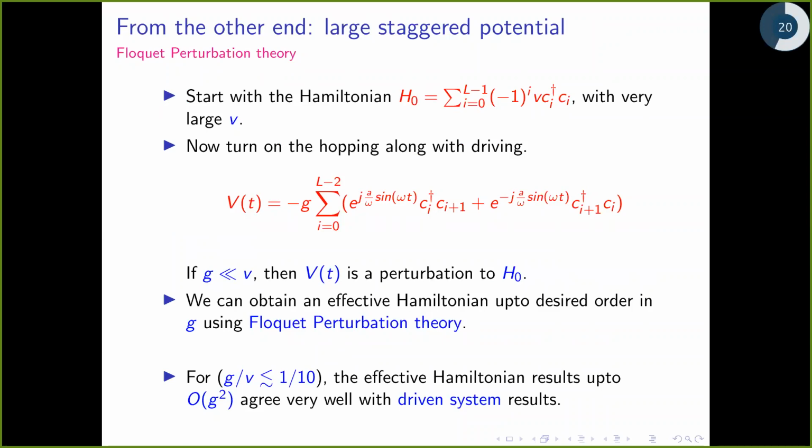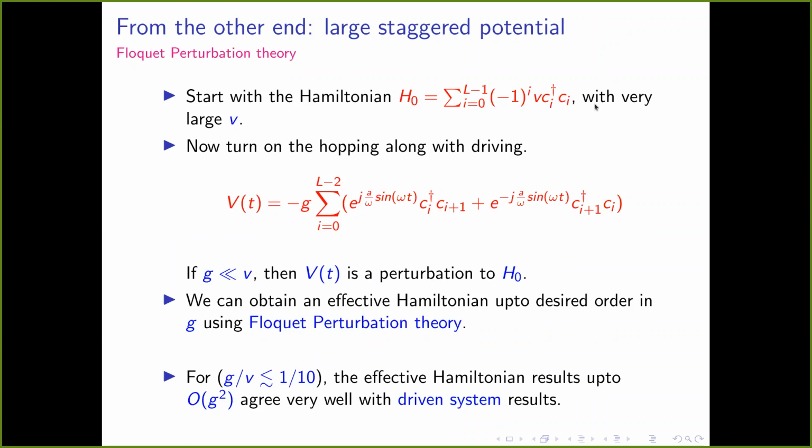Okay, so all this was done numerically, but we also tried to find if there is any way we can explain the presence of edge states by driving using some analytical calculation. For that, we start with the Hamiltonian H naught, V as our original Hamiltonian.